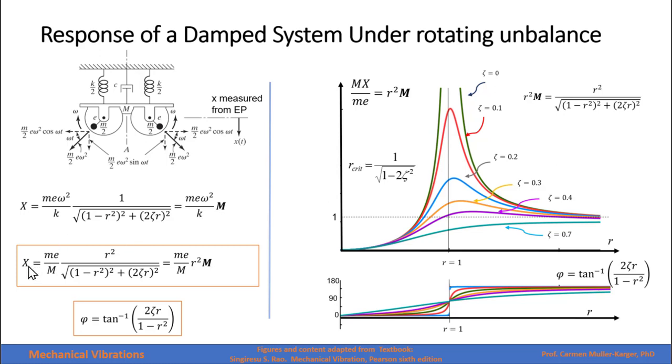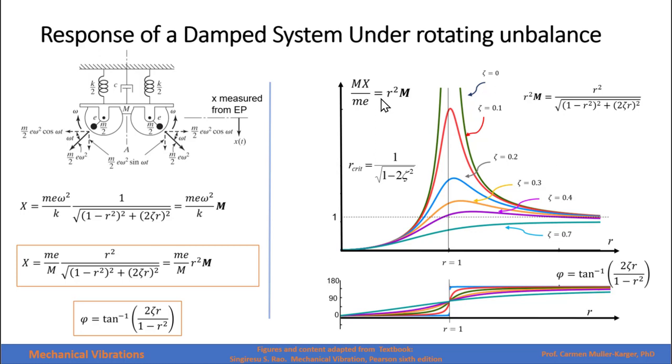Or we can write that amplitude as the unbalance divided by the total mass times the frequency ratio squared times the magnification factor. Here we have the phase angle. This phase angle is between the response of the machine and the excitation force, and in this case the excitation force is the unbalance.